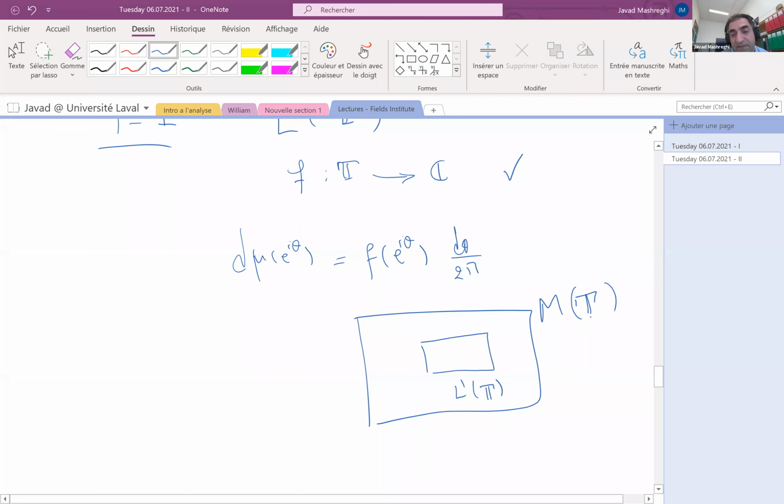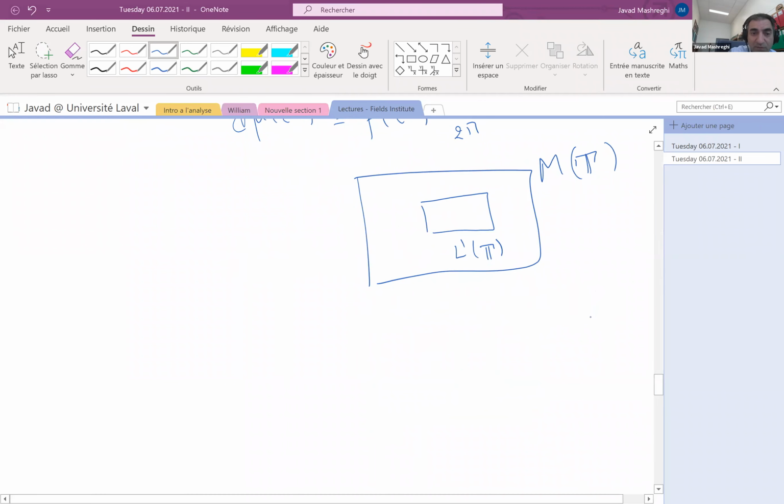And again, this is a good copy. In other words, both words that I used before can be used here too. It's isomorphic, isometric. In other words, the total variation of mu, which is |mu|(T), is precisely the same as the norm of f in L^1(T).